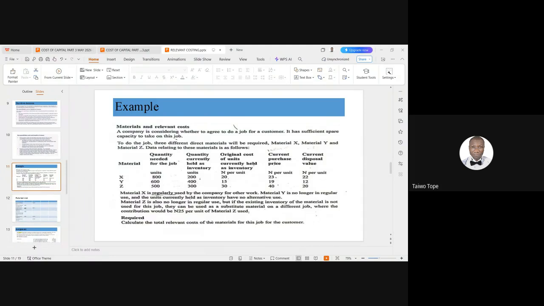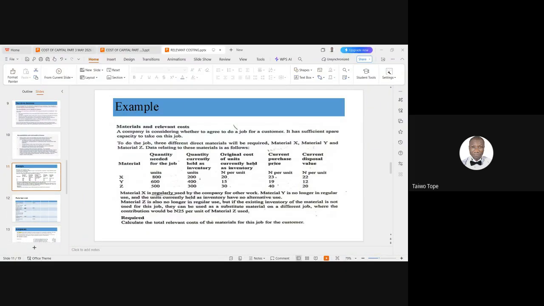So material. We are going to solve it. We're just using mouth to explain. It's not just by writing. So material Z is also no longer in regular use.